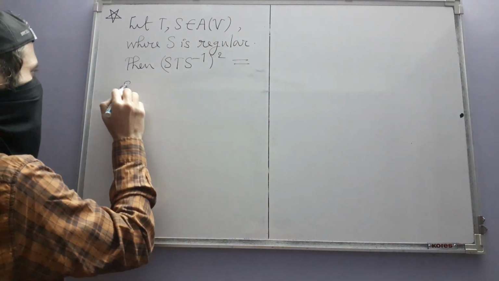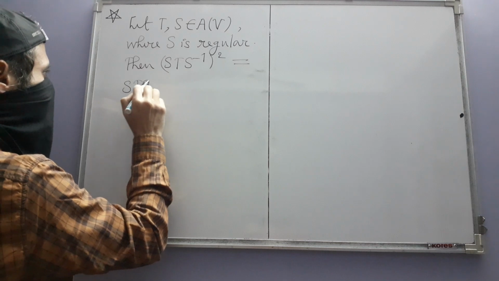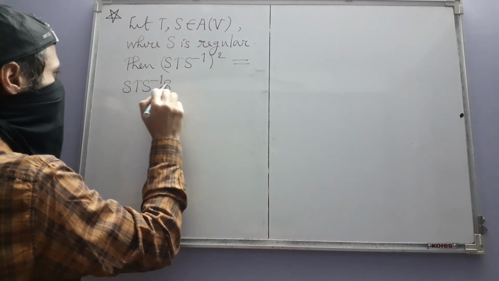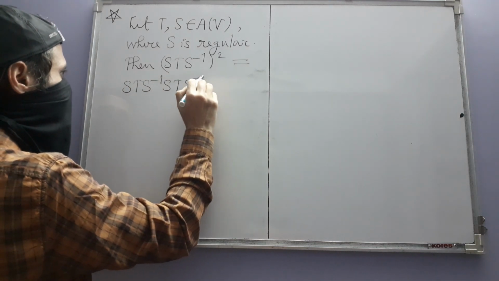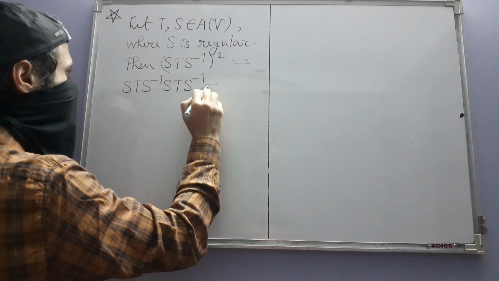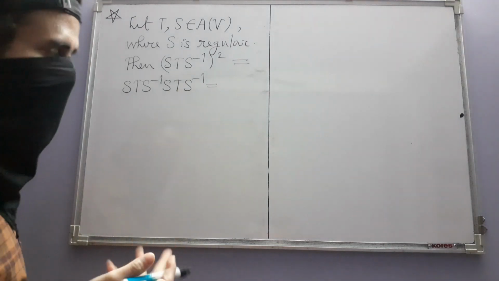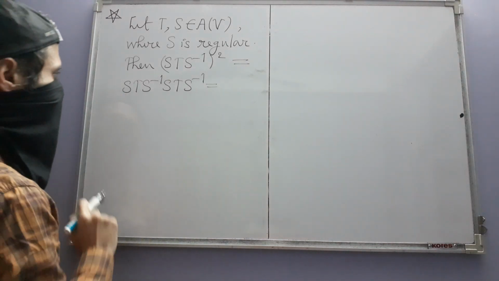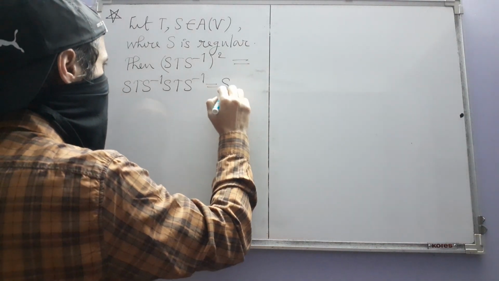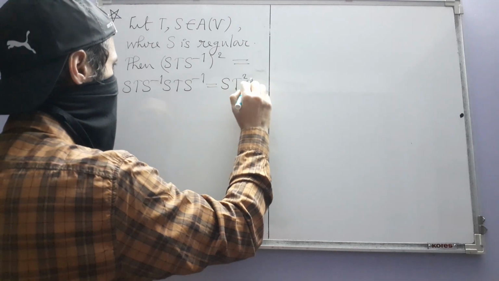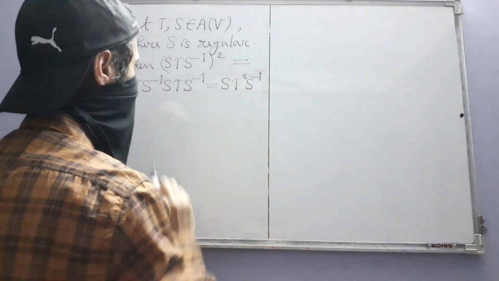Now let us see what the square of this product is. By definition, this is just ST S inverse times ST S inverse, because S inverse S is the identity operator which will vanish here, so we will have ST square S inverse.